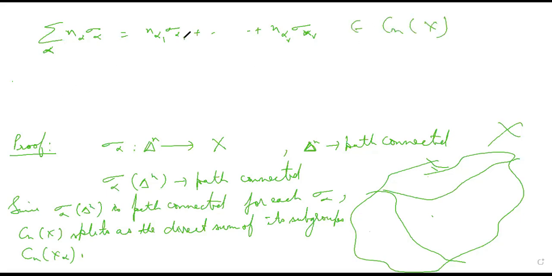Because sigma alpha i delta n is completely inside a single path component of X, suppose the Xi's are the path components of X. Here I am using Xj. Then this is going to be in some Xji.